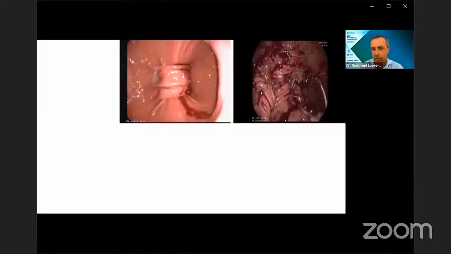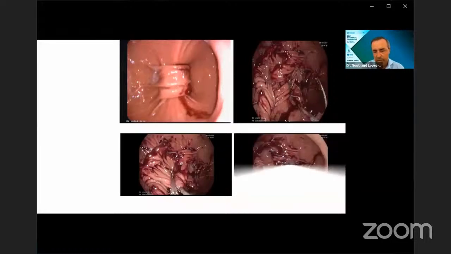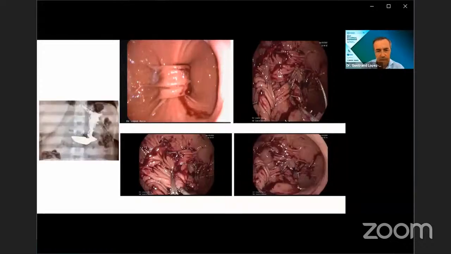This is, for example, the endoscopic view of the first plication, the endoscopic view of the whole stomach after the POSE 2 procedure, another endoscopic view doing one of the last plications, maybe number 16 or 17, in the stomach, another view, and here on the left we can see the X-ray of a new stomach with only 3 vertebral bodies, a shorter and narrower stomach, which is the aim of the procedure.